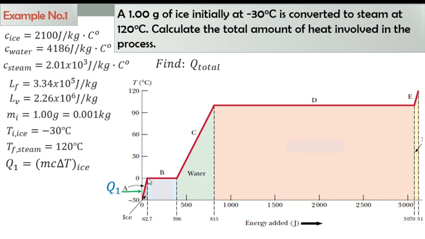Once the ice reaches 0 degrees Celsius, it is now ready to undergo a phase change, or the melting process. For this melting process to happen, it also needs another amount of heat. We will name it Q sub 2. This amount of heat, Q2, is calculated as m, the mass of the ice, times the latent heat of fusion.